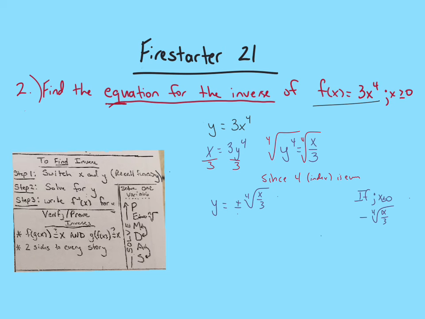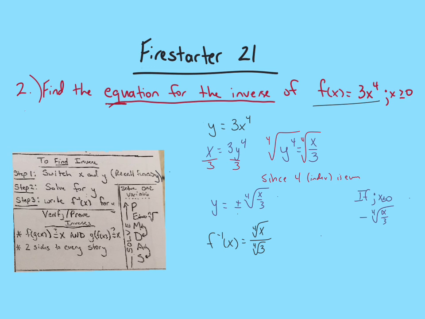Now I could make you go further here because that's not simplified, so we could simplify it, but as of right now I'm not going to make you. Remember the last thing I'm going to do is write f inverse of x. So f inverse of x equals just the positive 4th root. Actually, I am going to simplify it. It just bothers me that it's not simplified. So I'm going to take the radical out of the bottom, because we can't have a radical on the bottom.